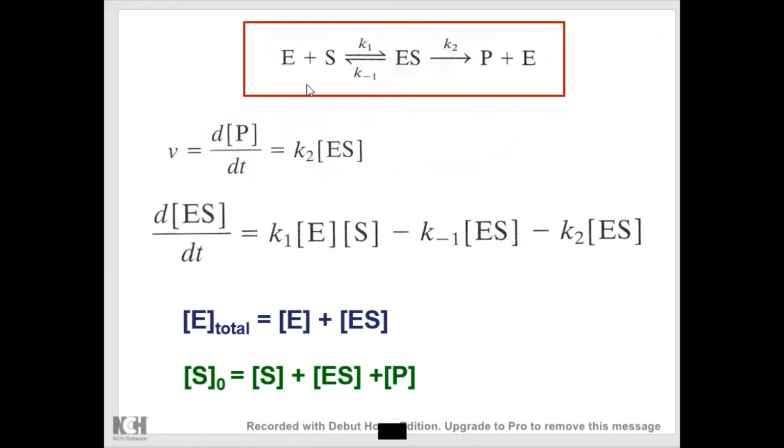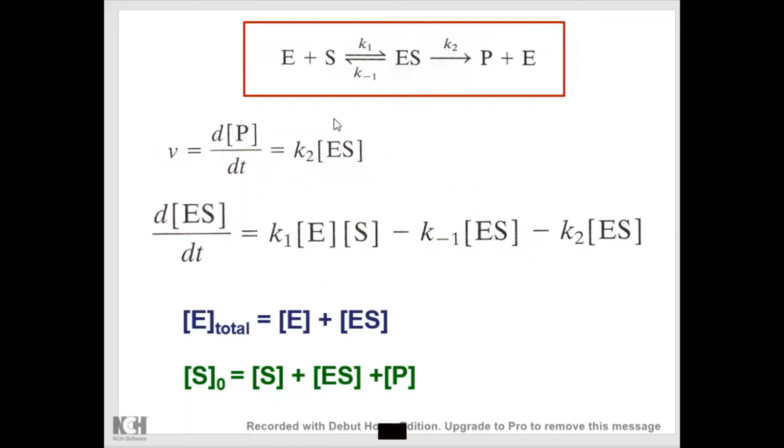So again, this is the Michaelis-Menten scheme that we need to remember, and we are interested in product accumulation. That's why we write the rate of the reaction, in other words, change of product over time, equals a kinetic constant K2 by the reactant ES, because product is only produced from ES.